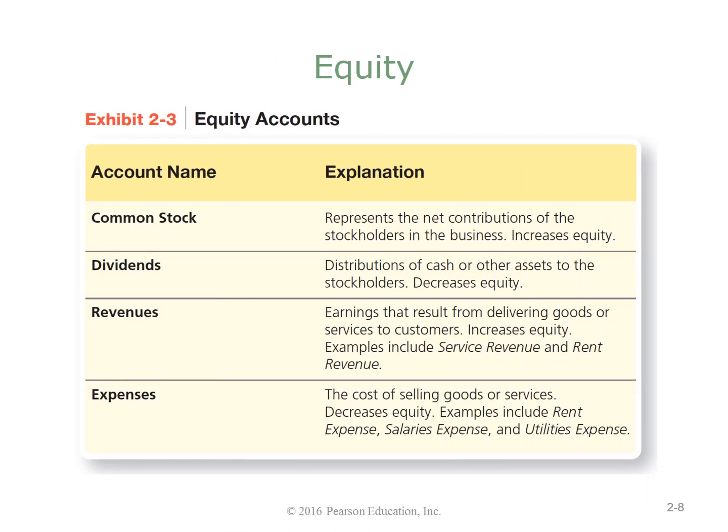And we said we have common stock, which represents the net contribution of stockholders in the business, and this is to increase equity. We said we have equity, and we have two main accounts under the equity. The first one is the common stock, if you remember from chapter 1, and those three are to be under the second account, which is the retained earning.